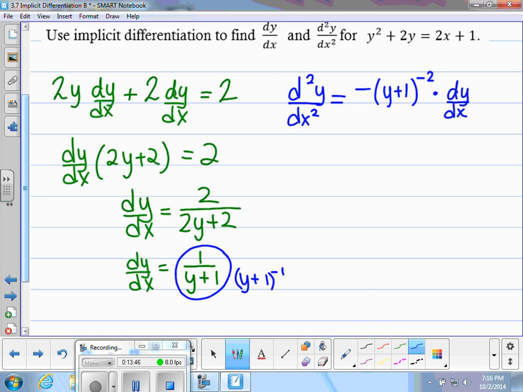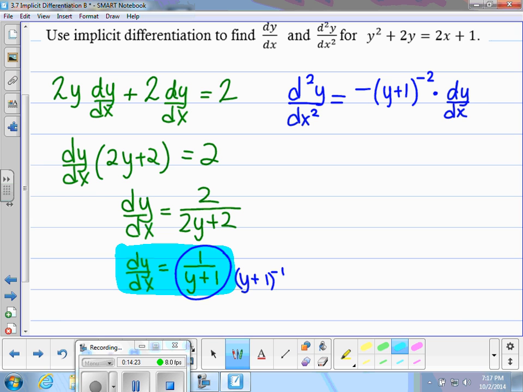Now, when you have a second derivative of implicit equations, that dy/dx cannot stay there. So, now pay attention, dy/dx is 1 over y + 1. So what I'm going to do is plug in 1 over y + 1, or (y + 1) to negative 1 power, whichever you prefer.